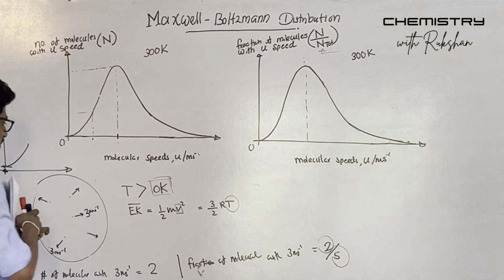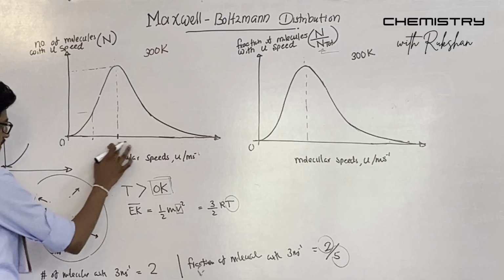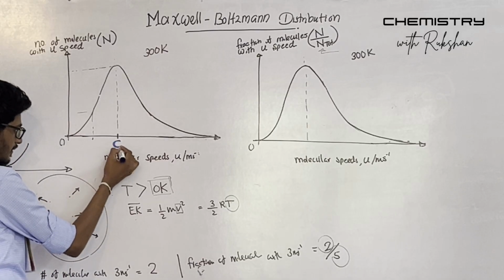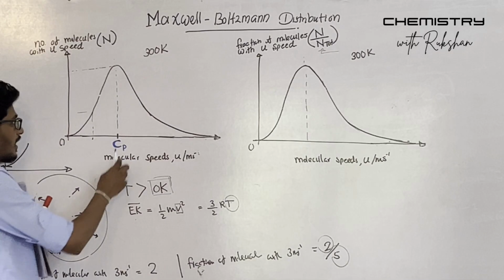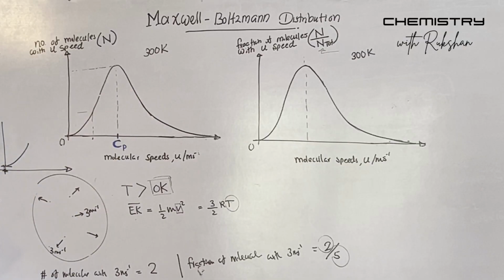These are the symbols used. c_p, peak velocity, right? That gives you the maximum probable speed. The name is maximum probable speed, the speed with the maximum number of molecules.